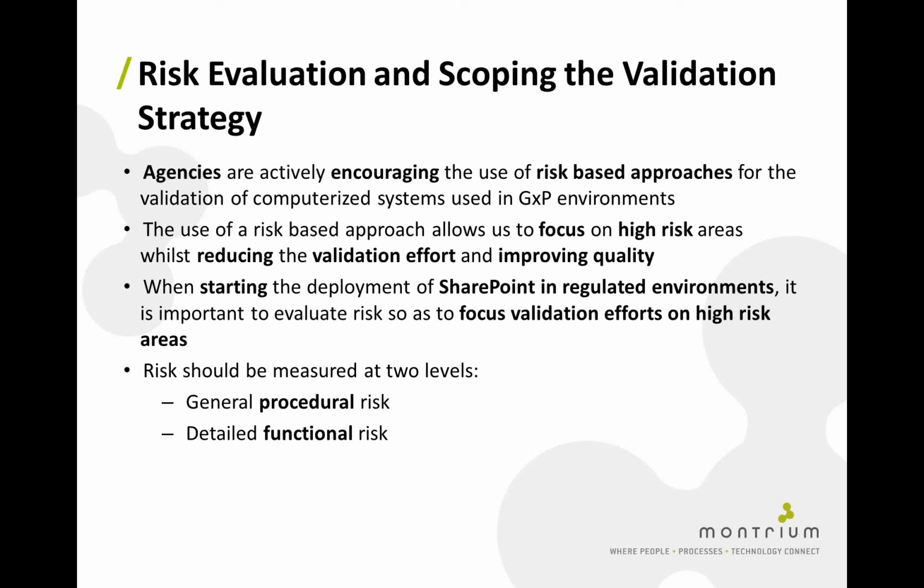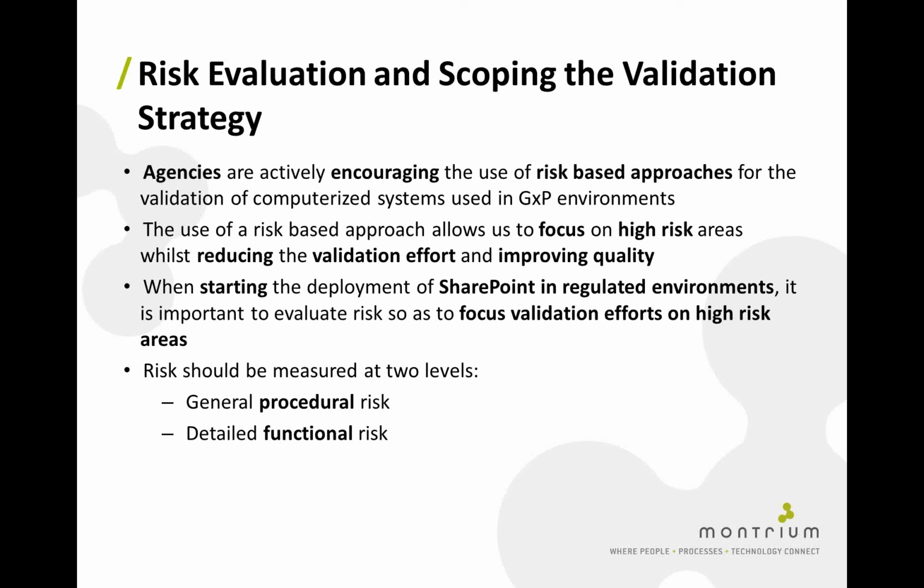When we start to think about the deployment of SharePoint for regulated environments, it's very, very important for us to focus on these high-risk areas because SharePoint, of course, is an off-the-shelf system. So we don't really need to validate everything because there's already a lot of validation or testing that's been carried out by Microsoft. When we think about risk, we really think about risk in 2 different ways.